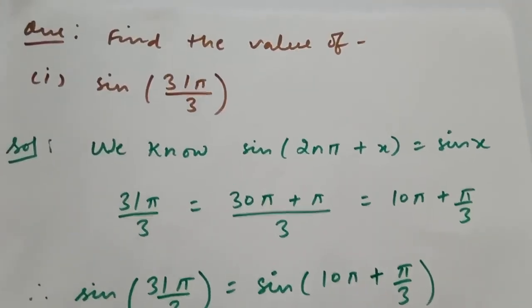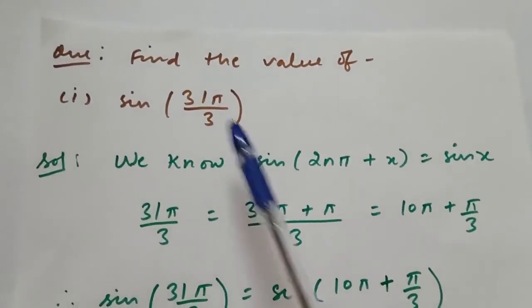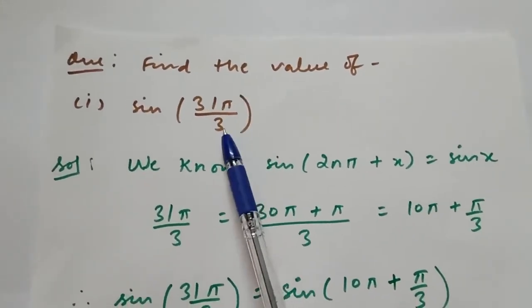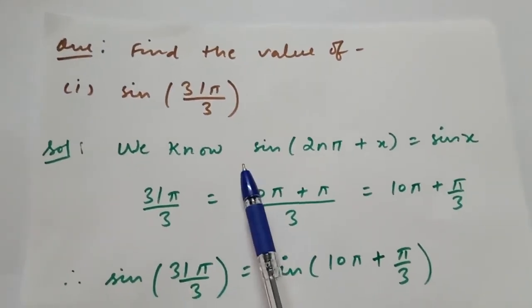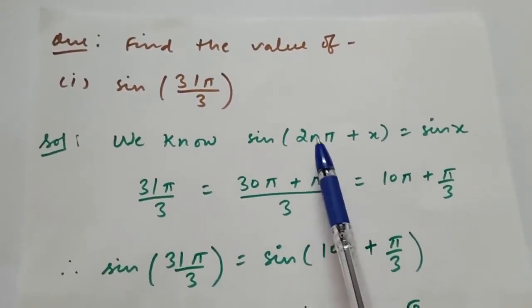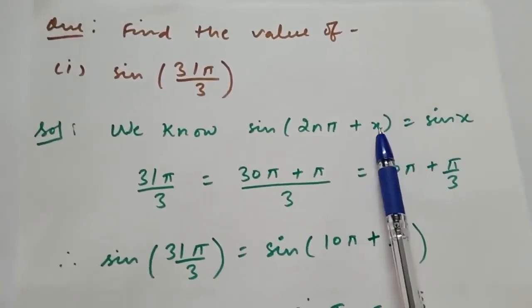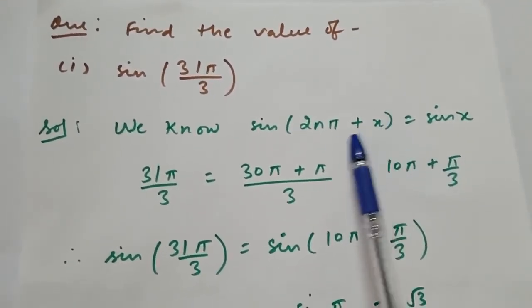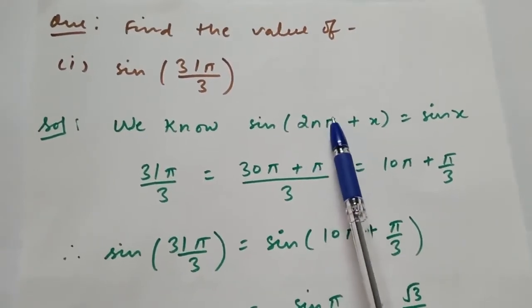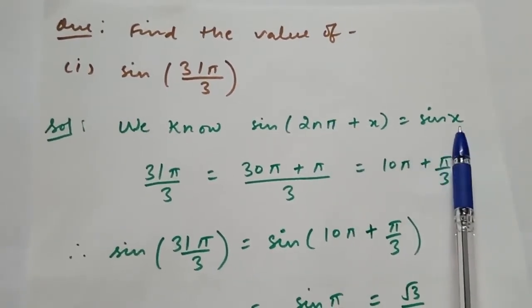So the next question is, find the value of sine 31 pi by 3. To find this value, we will use the result that sine of 2n pi plus x is sin x. That is, if we add any multiple of 2 pi to x, then the answer will be the same, sin x.